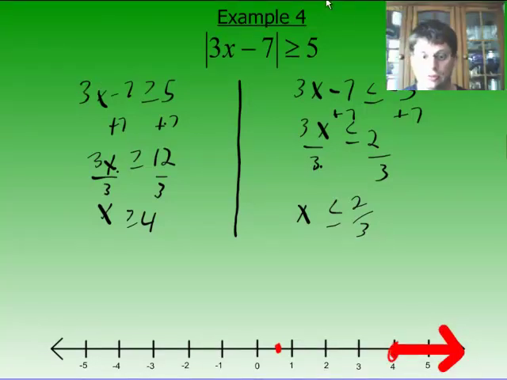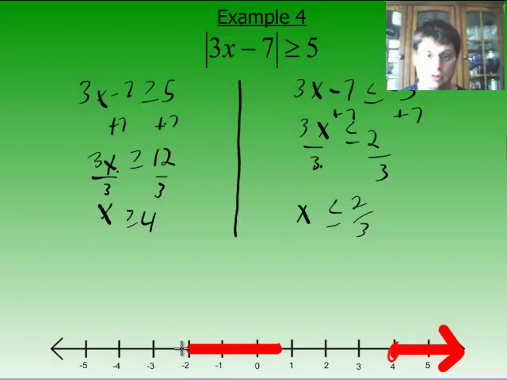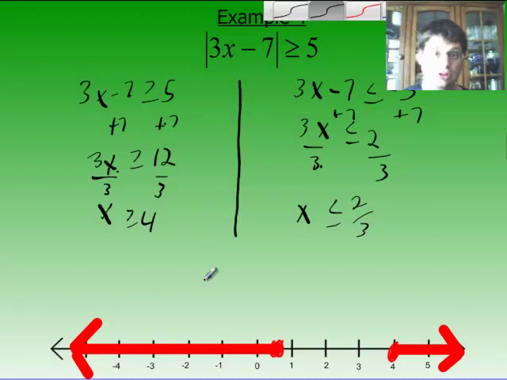If I were to look at the other one, I can see that x is less than or equal to 2/3. So from there, I'm going to go less than in this direction. Now, see how the arrows are facing? So if you recall when we were talking about graphing inequalities, this is indicative of an OR statement.